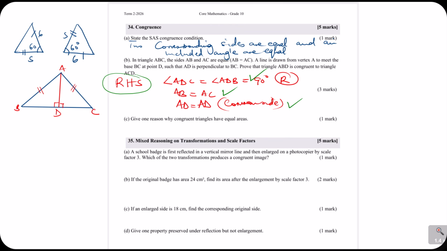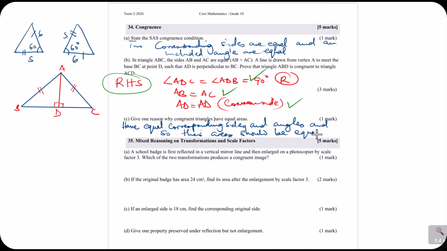It is because they have equal corresponding sides and angles, and so their areas should be equal.